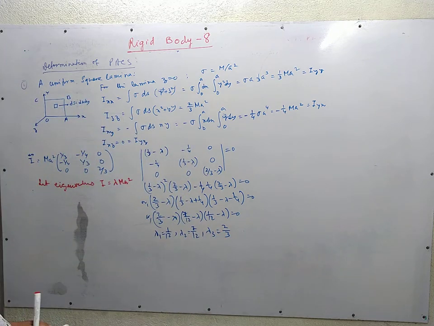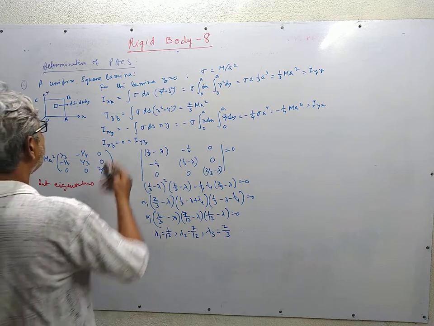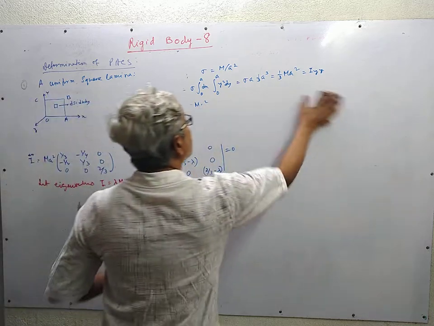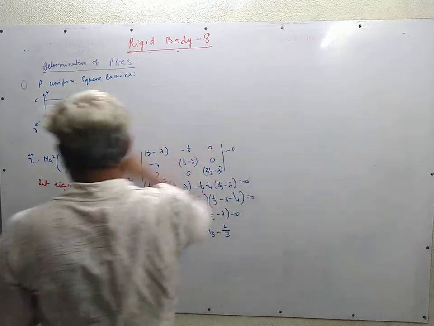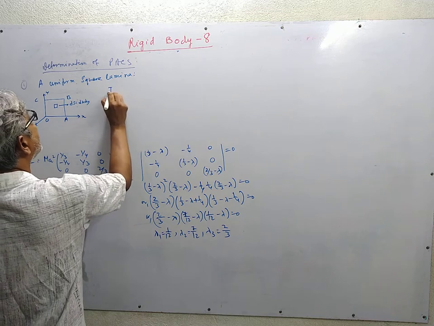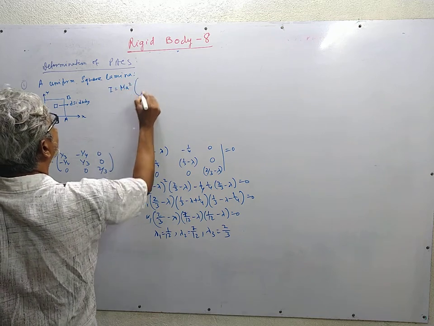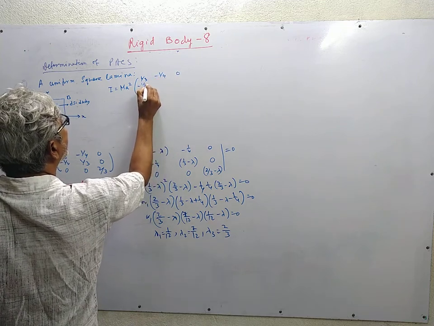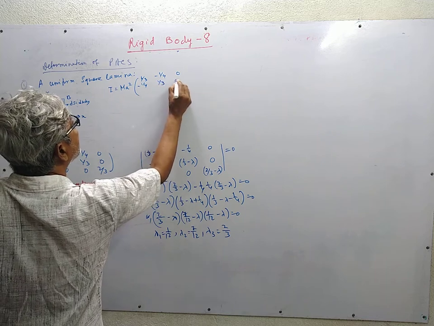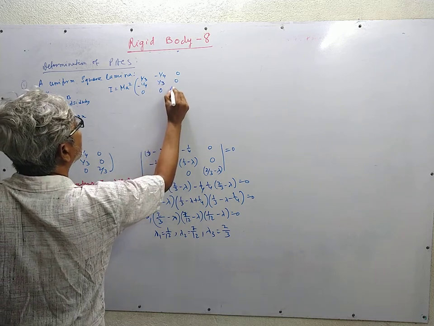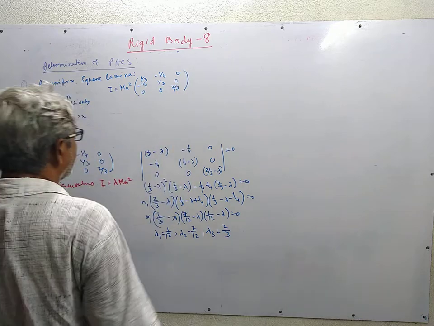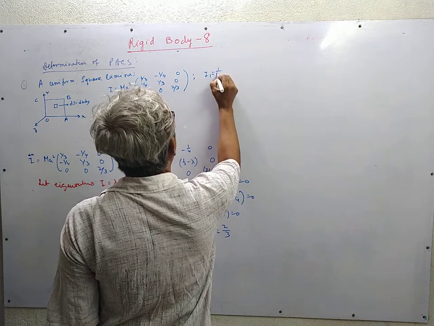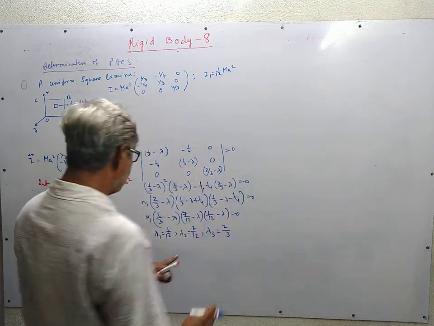So in our problem, we have come to this conclusion that this is the matrix, and the eigenvalues are I1 is equal to 1 upon 12 m a square, because these are the lambda values.